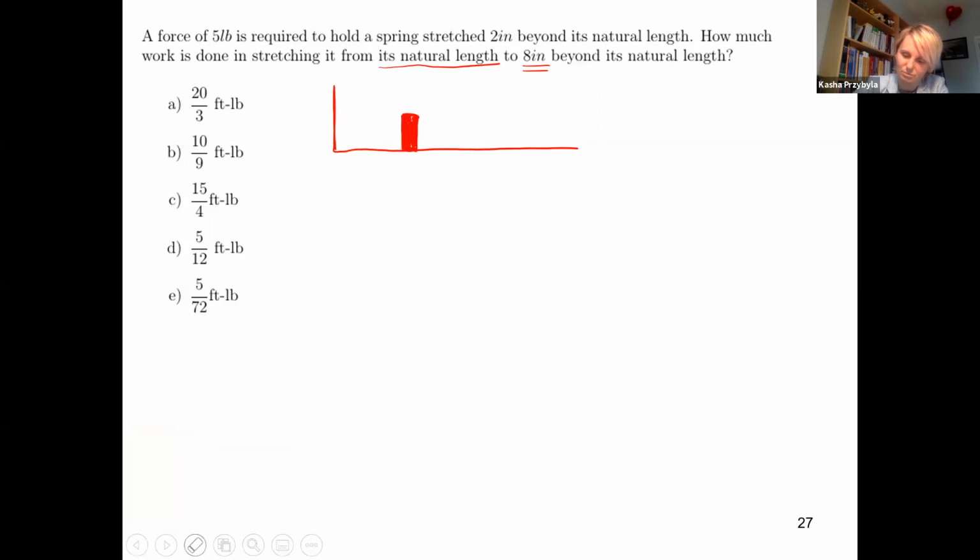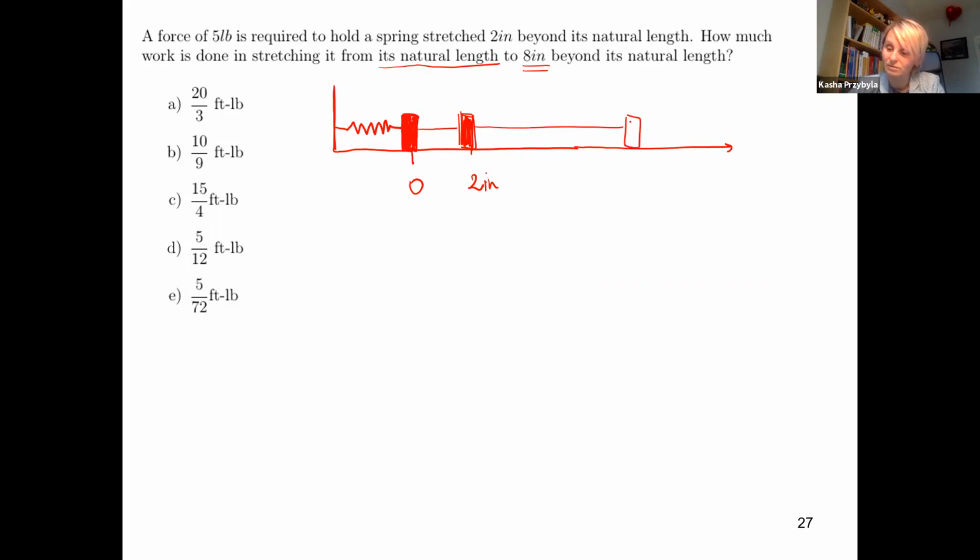Shall I draw the spring in the middle? Okay, that means we remember that's 0, that's natural. And then we will move 2 inches, and then we will move to 8 inches.